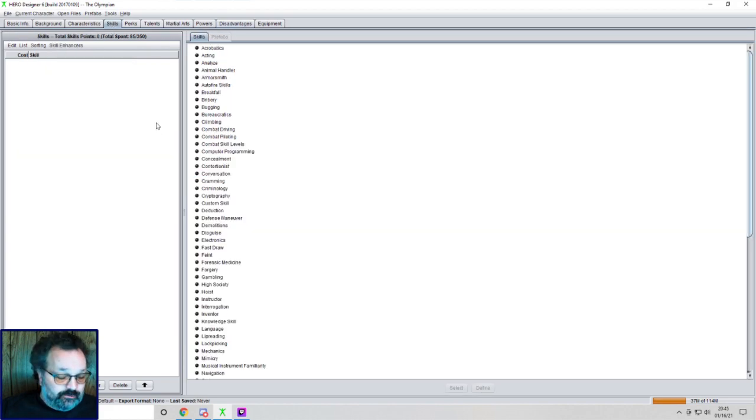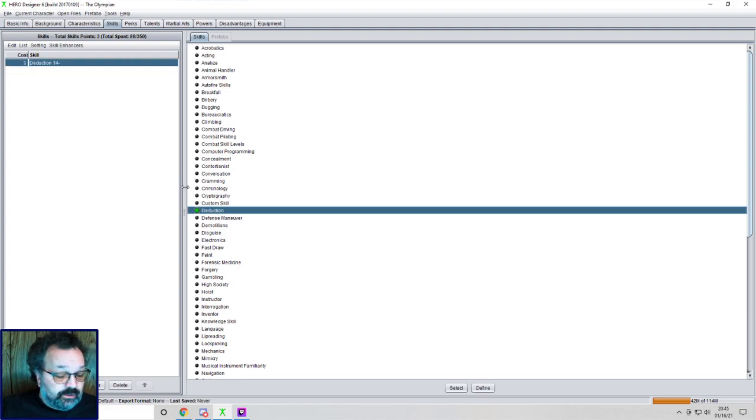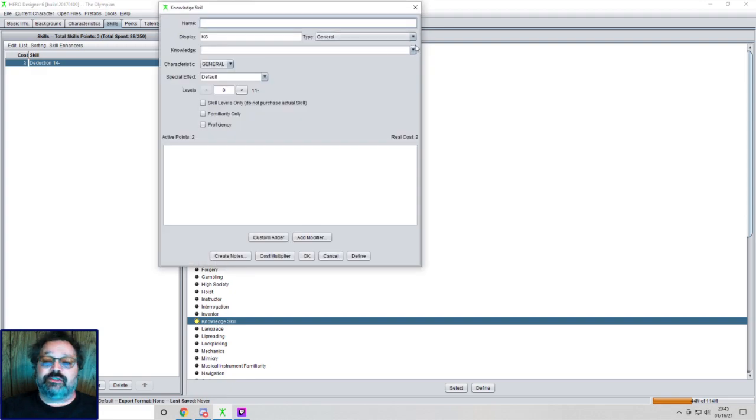And now I'm going to give him a few skills. I like the idea that he has deduction just like his alter ego. So we're going to put that on there. We like the idea that he knows his way around the city, so we're going to give him a knowledge skill of his base city.